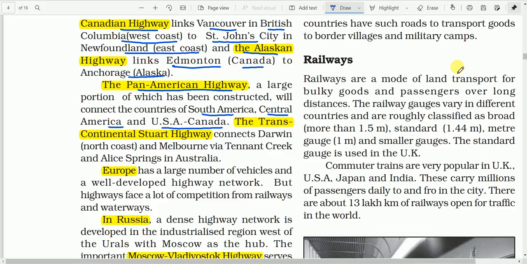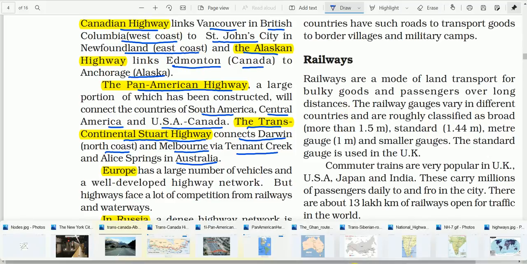And another one is the Trans-Continental Stewart Highway, which connects Darwin on the north coast to Melbourne via Tennant Creek and Alice Springs in Australia. So another transcontinental highway in Australia is the Transcontinental Stewart Highway, connecting Darwin in the north with Melbourne in the south.